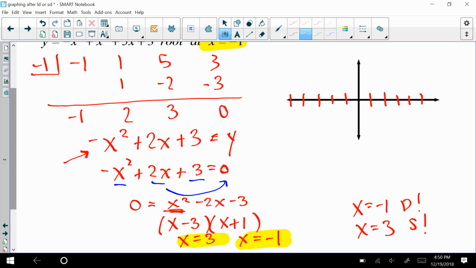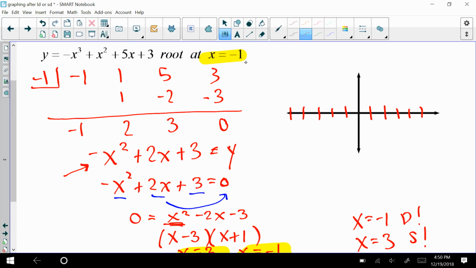So you're going to catch your double and triple roots this way if it comes up twice. So I gave it to you once, and you got x equals -1 again. So there's your double roots. So I have x equals -1 that I can plot, and I can plot x equals 3.